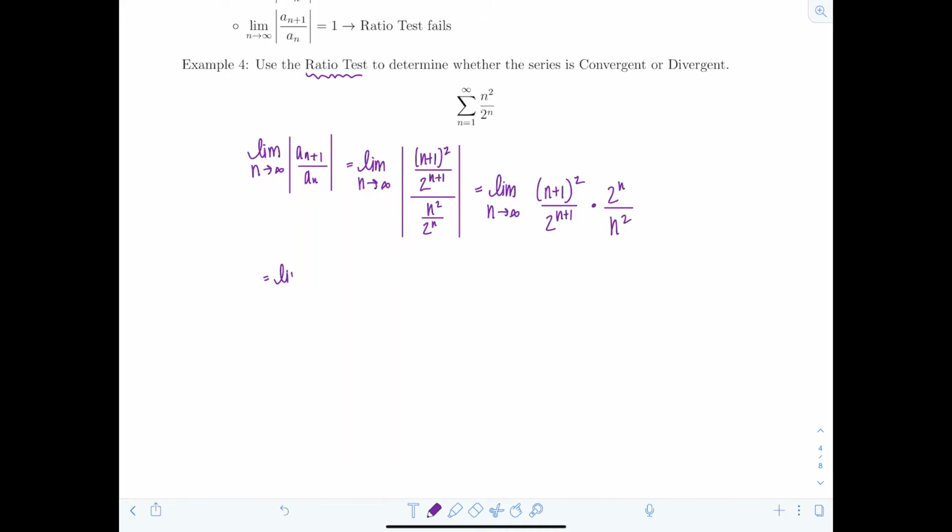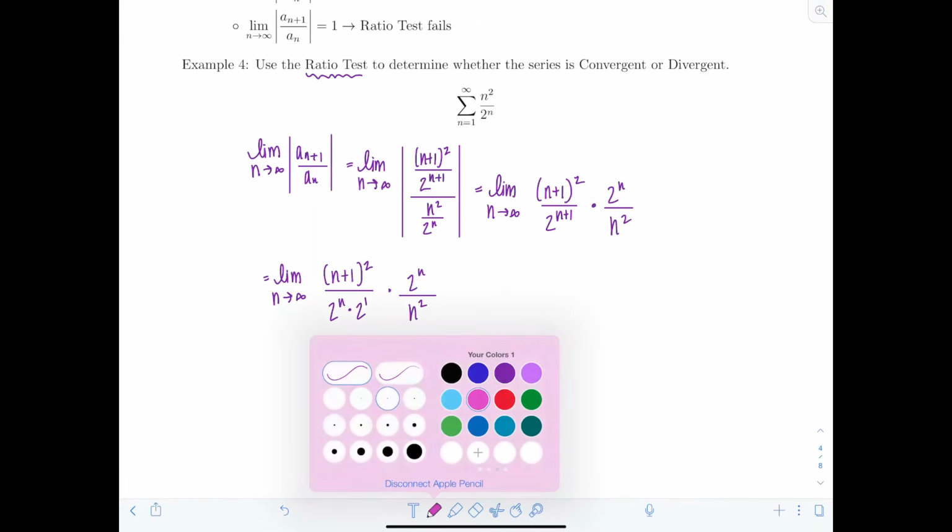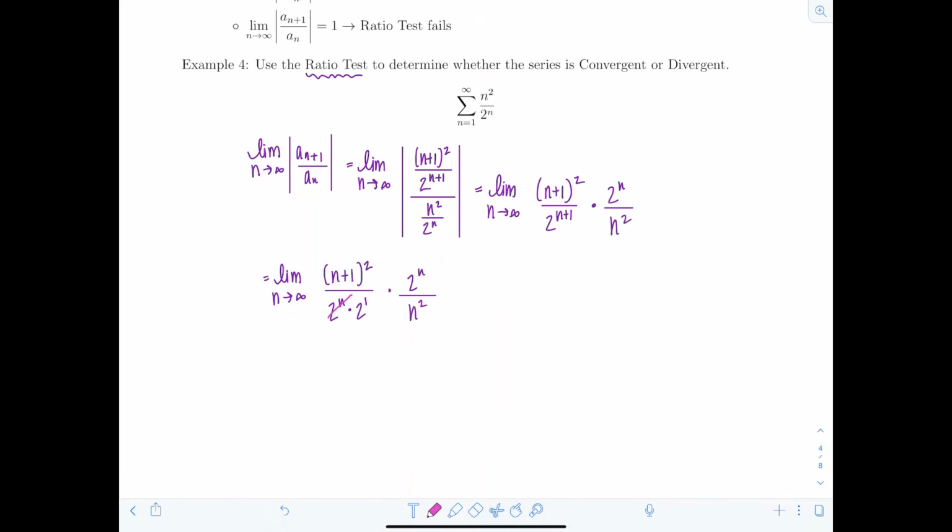We have here n plus 1 squared. 2 to the n plus 1 I can write as 2 to the n times 2, to the first. That would give me 2 to the n plus 1 times 2 to the n over n squared. I broke up 2 to the n plus 1 that way so I could cancel out this 2 to the n here.